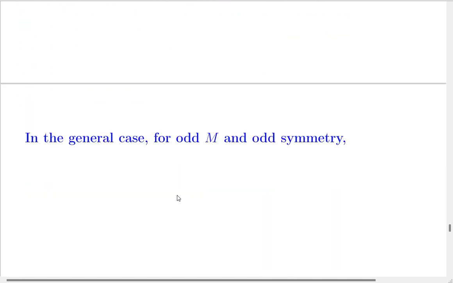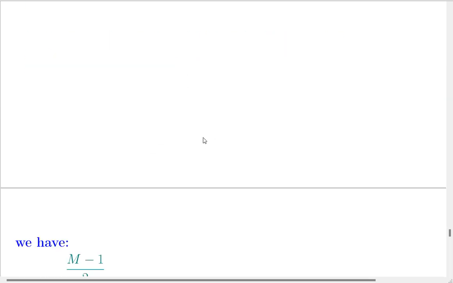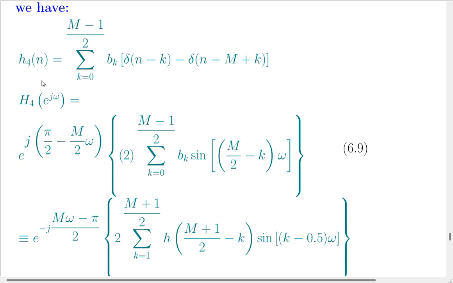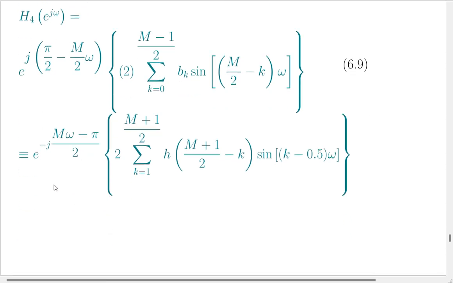In the general case for odd M and odd symmetry, h4[n] will be the summation k from 0 up to (M minus 1) over 2 of bk times delta[n minus k] minus delta[n minus M plus k], and having a frequency response, without reading it out.